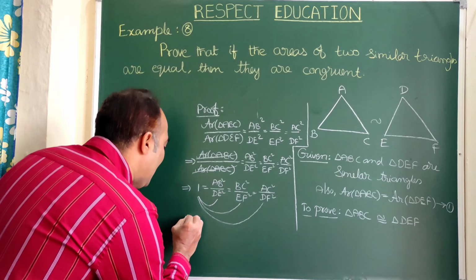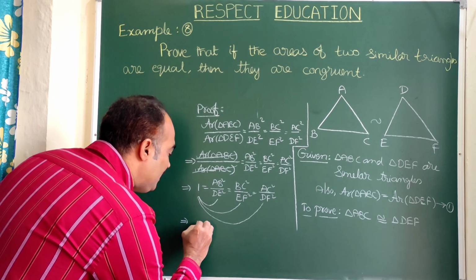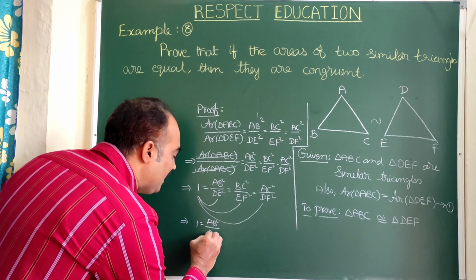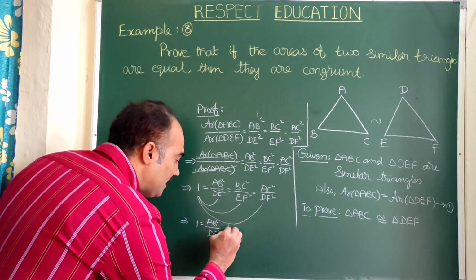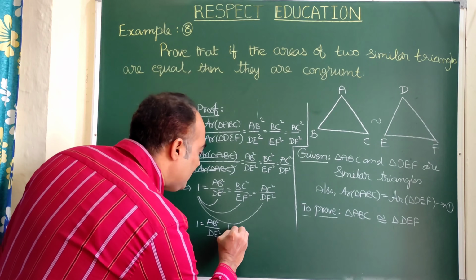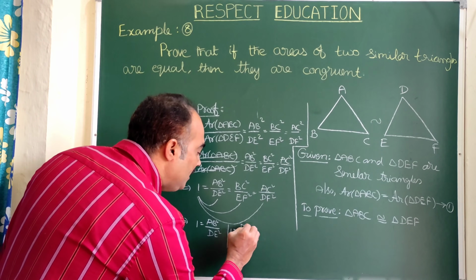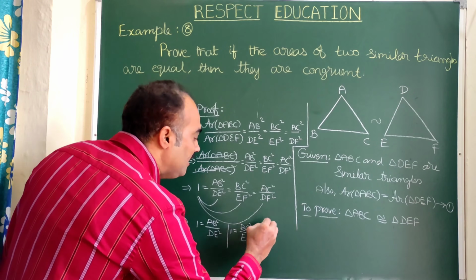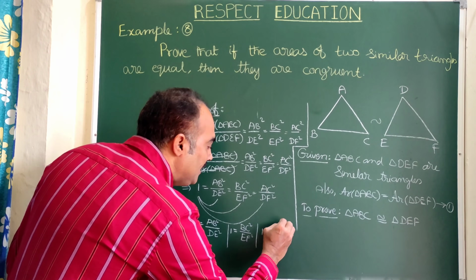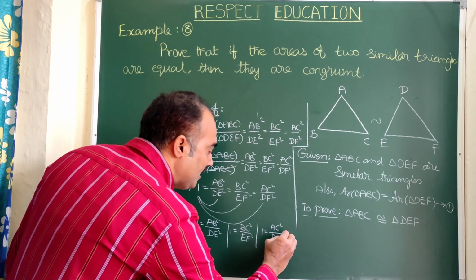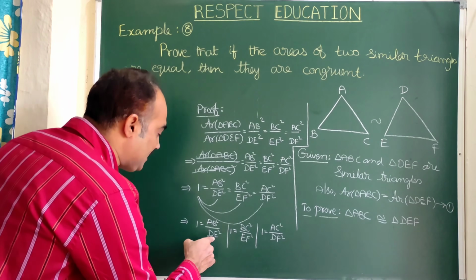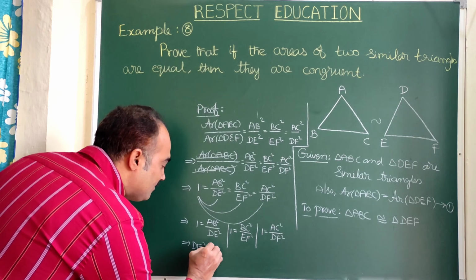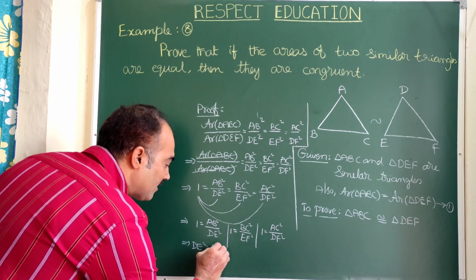So here I split: 1 is equal to AB square by DE square. Right? Same 1 is equal to the second one, BC square by EF square. Same way 1 is equal to AC square by DF square. Now on cross multiplication, DE square equal to AB square.